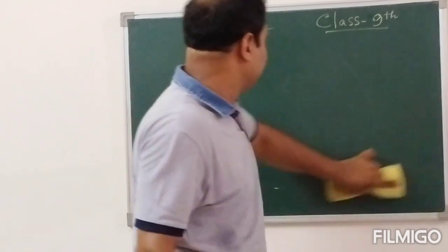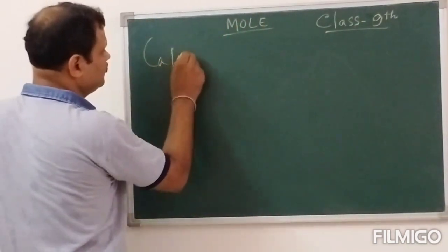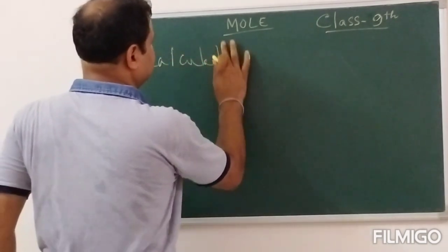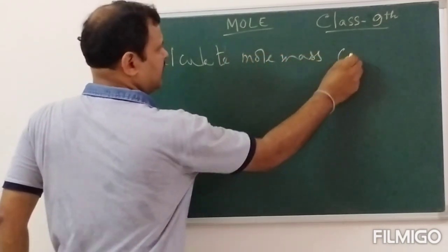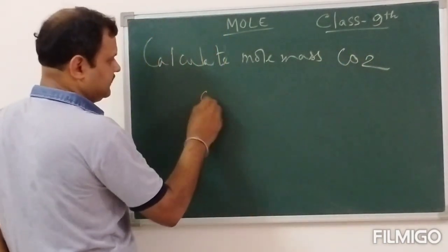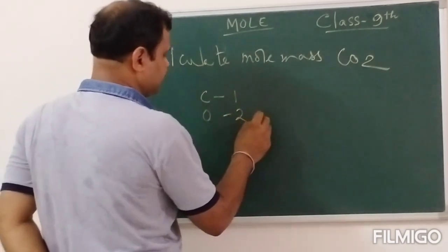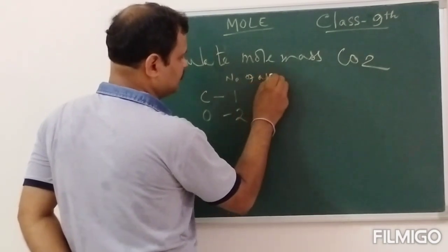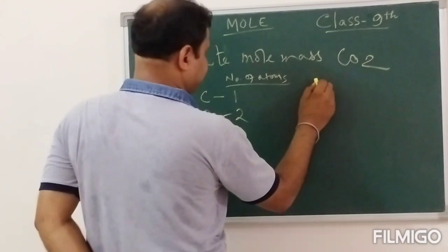Another example: for a compound, you have to calculate the mole mass of carbon dioxide. In carbon dioxide, there is 1 carbon and 2 oxygen atoms. Number of atoms: 1 and 2.